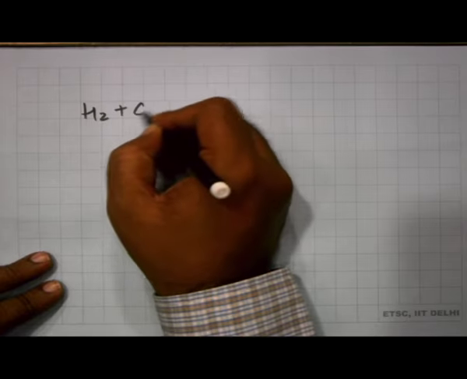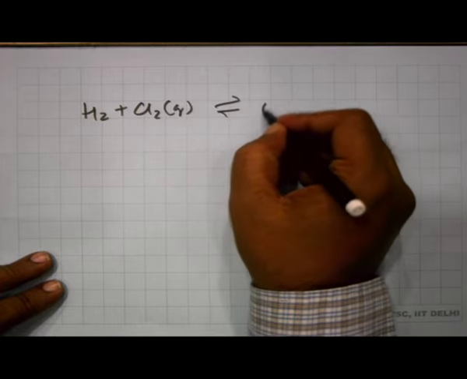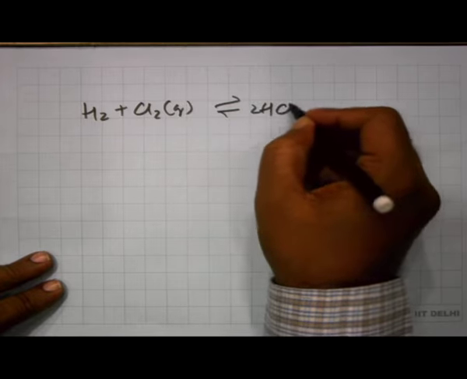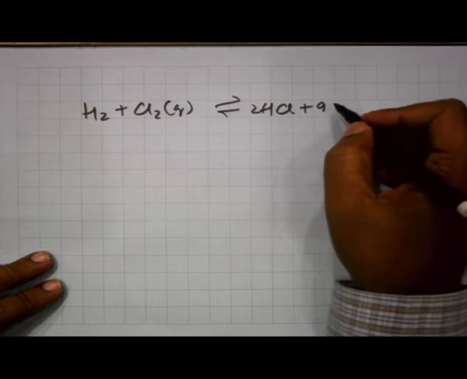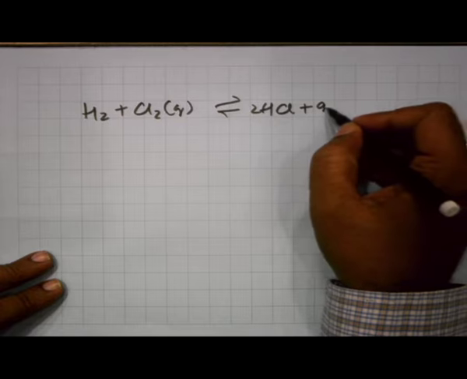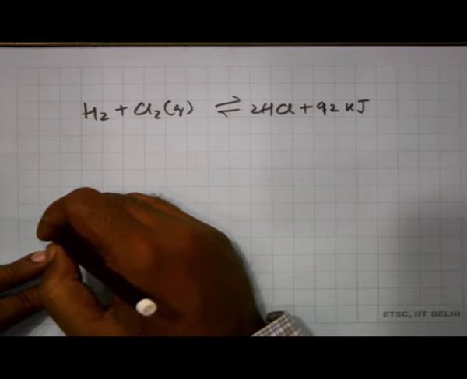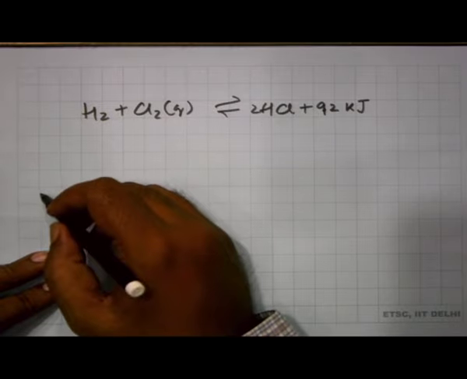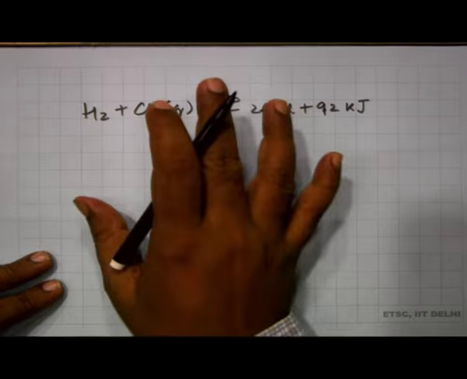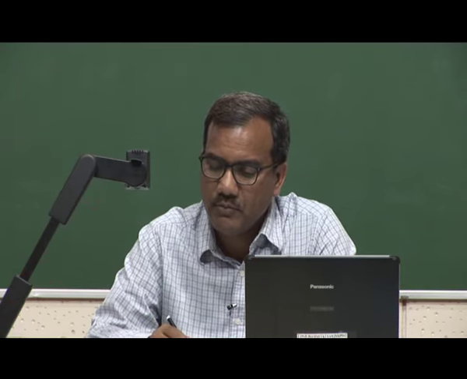Now, suppose take S2 plus Cl2 gas, this is your 2 SCl plus 92 kilojoule. If suppose this is given. Okay. Now, let us think of what is the effect of pressure, temperature and volume.